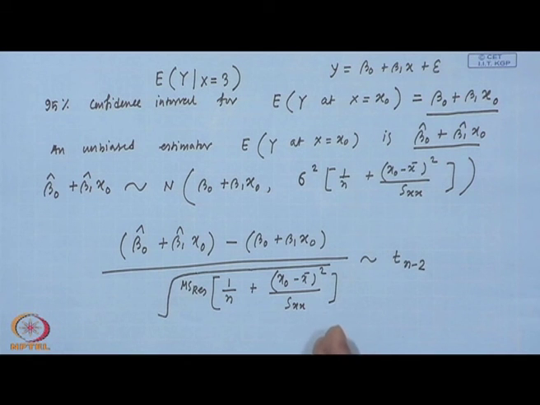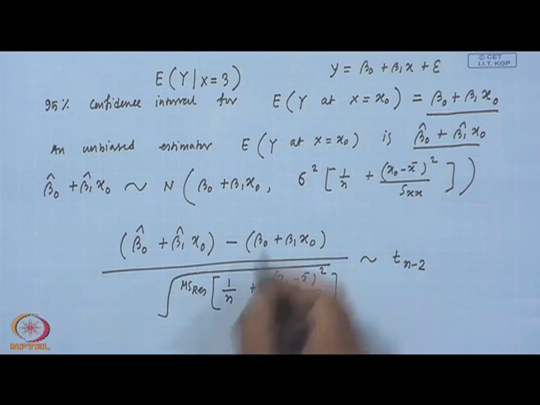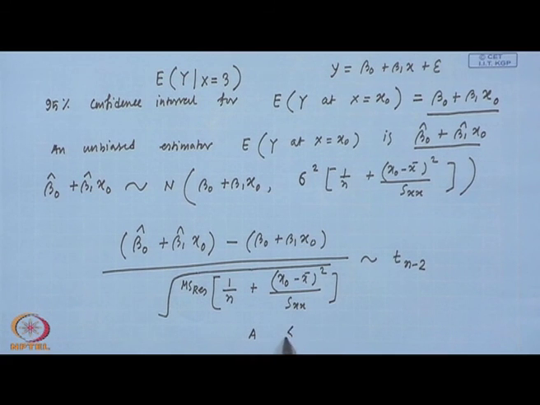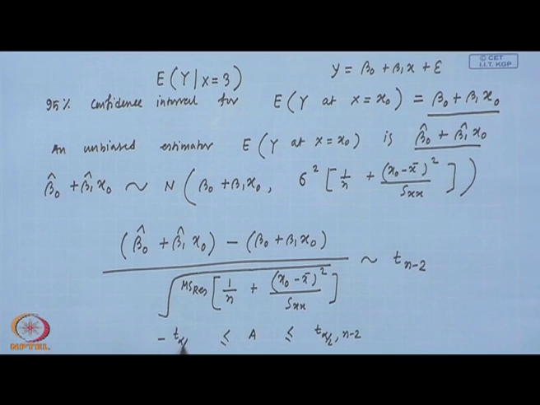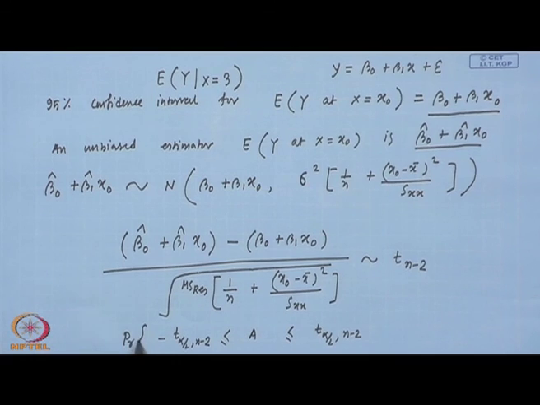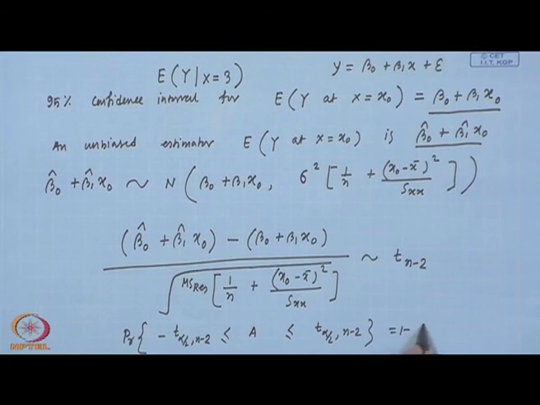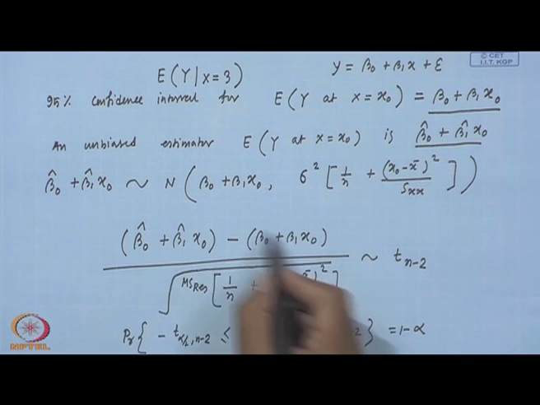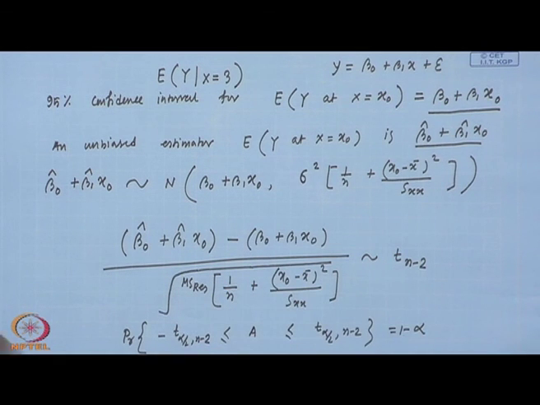Of course, you know it. So, the whole thing, let me call it A. So, A is less than or equal to t alpha by 2, n minus 2, and greater than or equal to minus t alpha by 2, n minus 2, this has probability 1 minus alpha, where A is nothing but this variable.